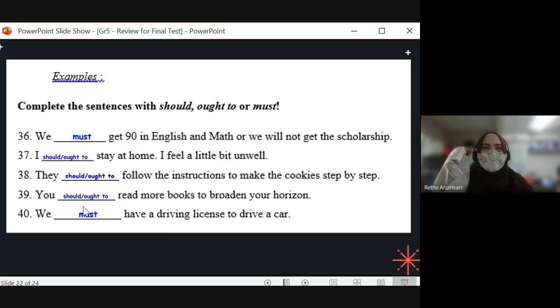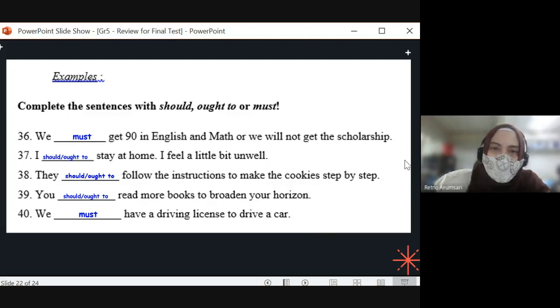So, yes, this is what everybody knows as a rule. What if you don't have a driving license? You're gonna go to jail, or you're gonna have to pay money, if the police stops you.